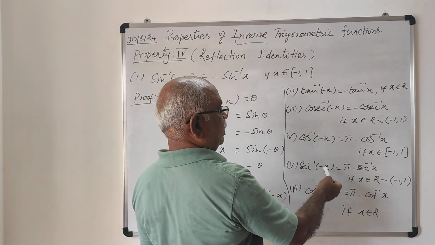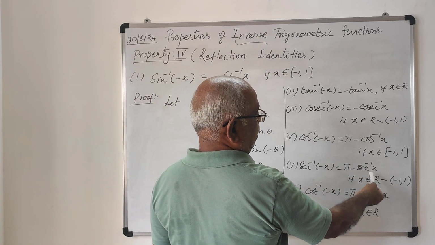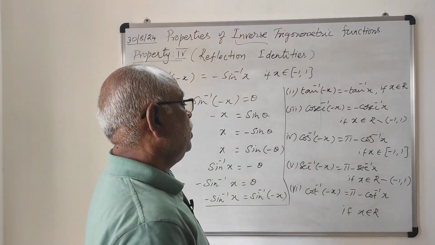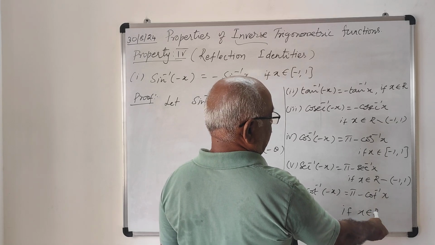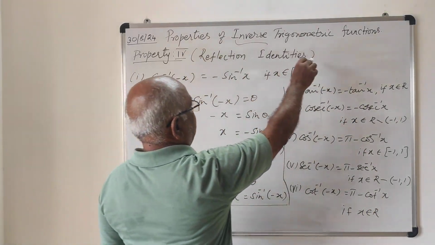Similarly, secant inverse of minus x is pi minus secant inverse of x, where x belongs to R except the open interval minus 1, 1. Finally, cot inverse of minus x equals pi minus cot inverse of x, where x belongs to the real line R. These six results come under reflection identities.